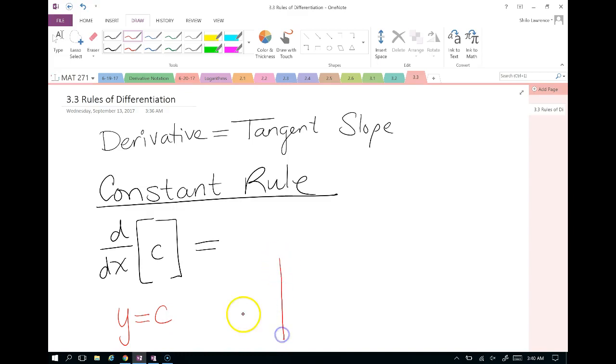So if y is a constant, that is a horizontal line. What is the slope of a horizontal line? It's 0. So no matter where that horizontal line is, we can move it up and down the plane. If it's a constant, it's just going to be horizontal always, and its slope is always going to be 0. So anytime you take the derivative of a constant, it's going to equal 0.